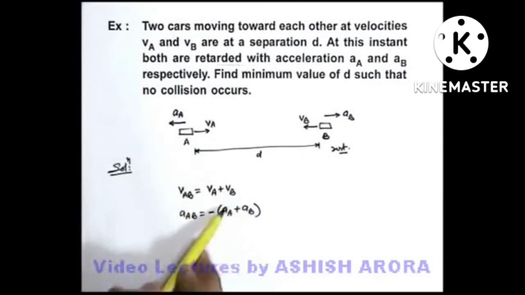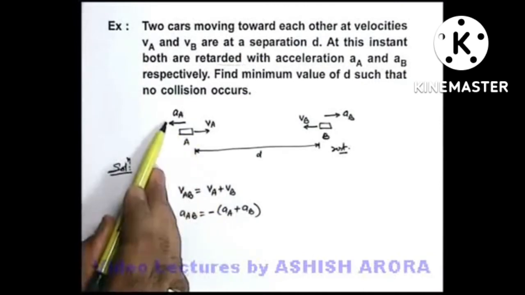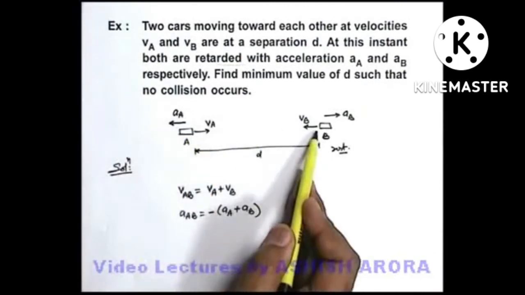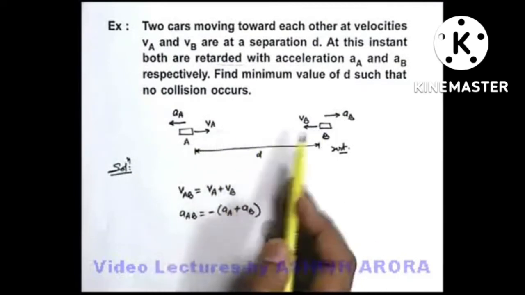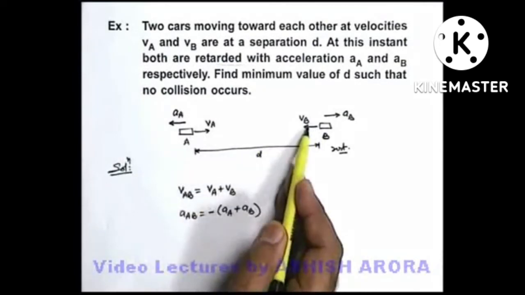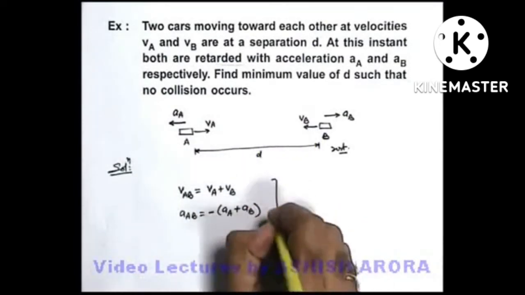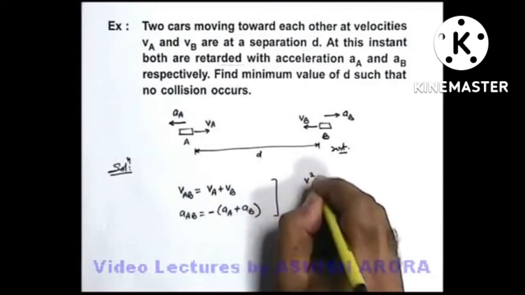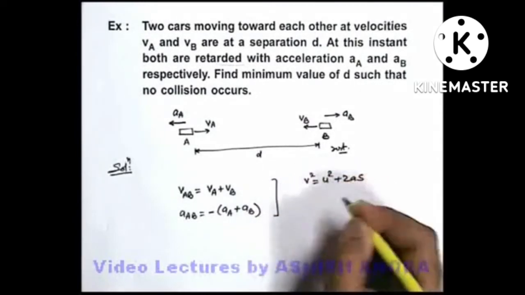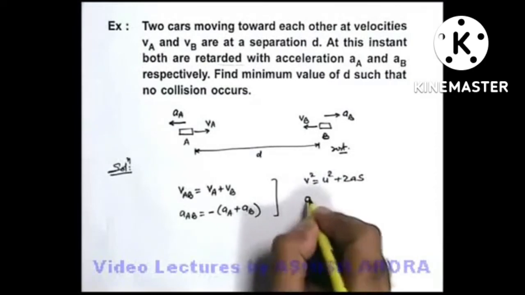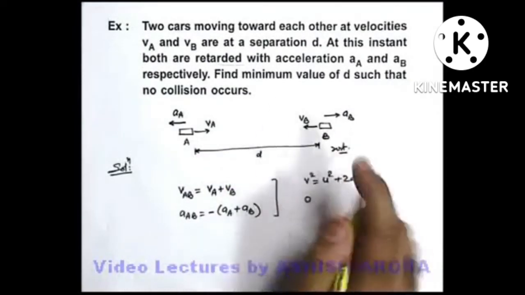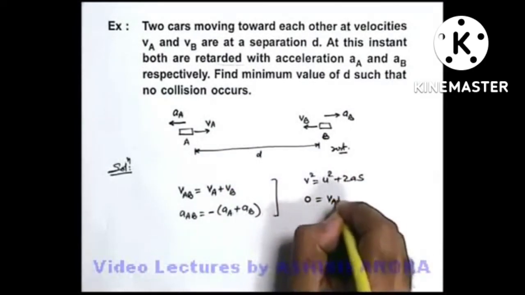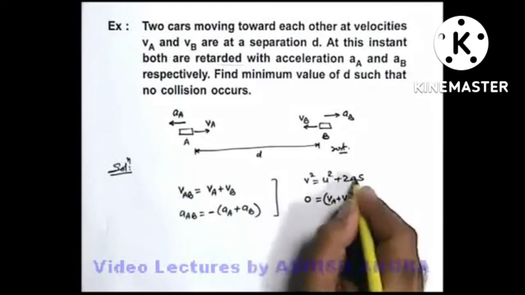And with this acceleration, the velocity of A will be retarded. And we want that just before touching or colliding with B, the velocity of A should become 0 with this retardation. So here if we use the equation, v square is equal to u square plus 2as, we can say the final velocity of A should become 0 just before it hits B. Its initial velocity we can write as VA plus VB, whole square.